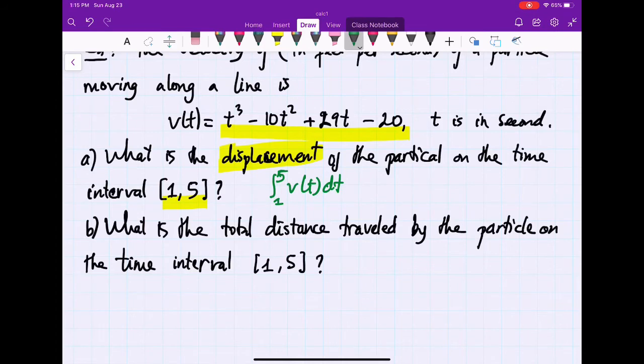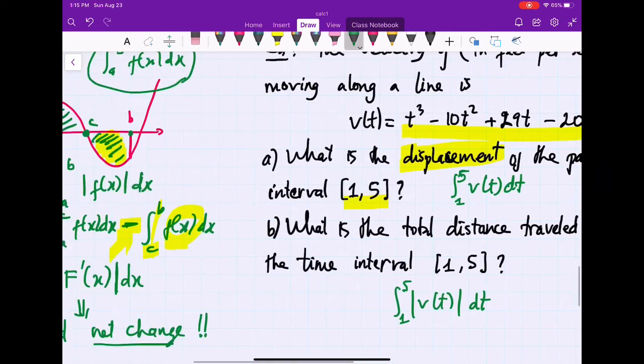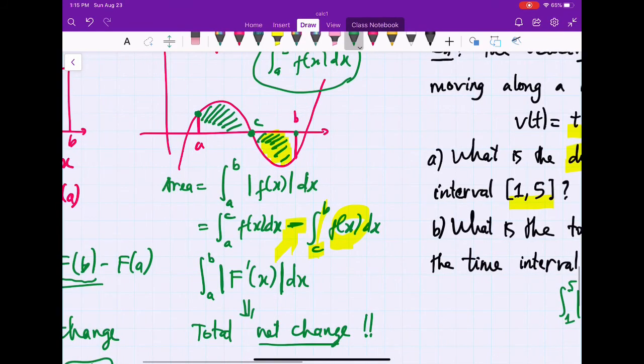So in order to find the total distance traveled, you have to find the integral from 1 to 5 of the absolute value of v(t) dt. Sometimes they are equal, if your function v(t) is non-negative on that interval. But if your v(t) changes sign on that interval, they may not be equal. Does that make sense? Like we discussed here in this picture.